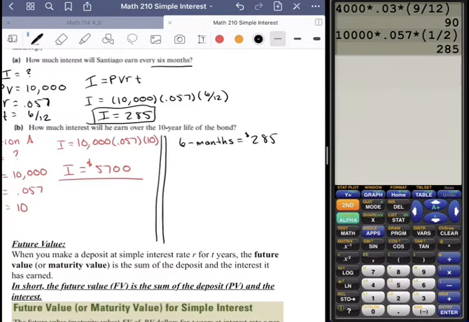And this is for 10 years. Each year has 12 months, so that means this happens twice a year, so this becomes 20. So interest equals what we already know for 6 months times 20, which equals, again, guess what?